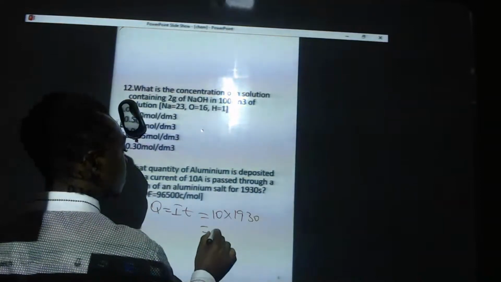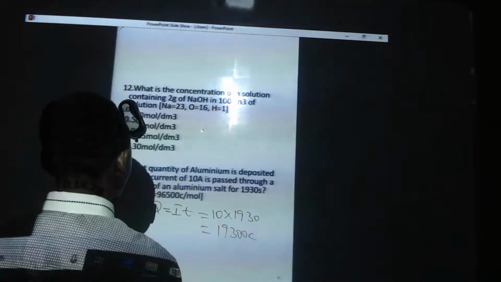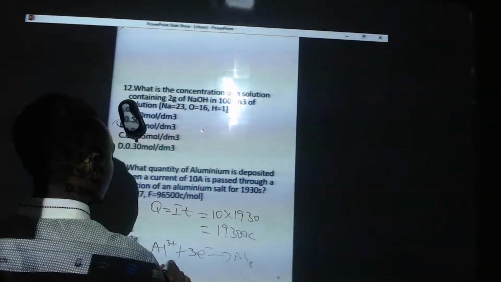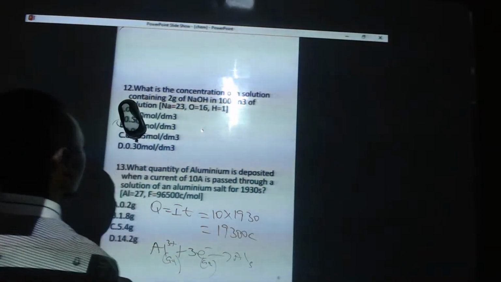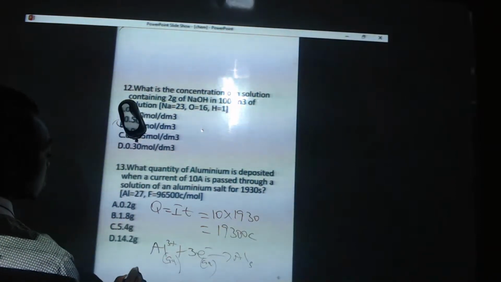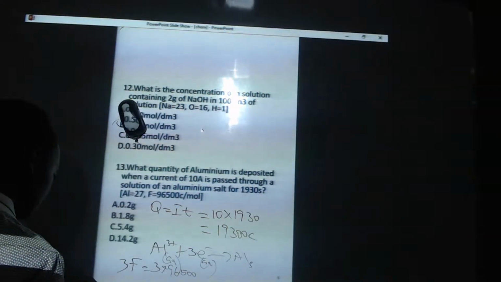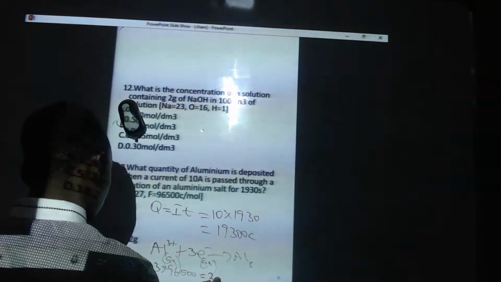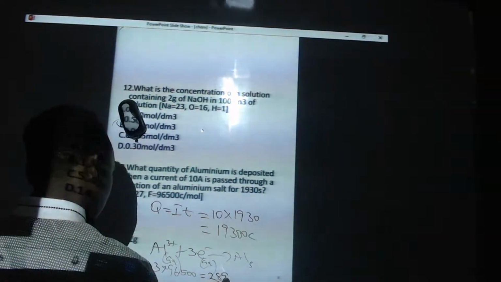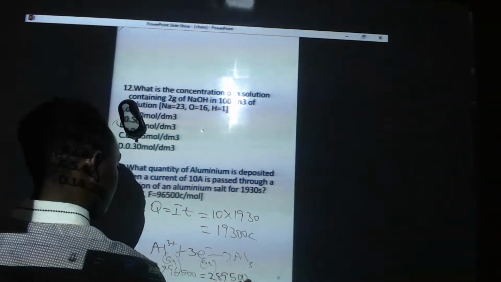So this will give you 19,300 coulombs. Now since it's 3 electrons, I'm just asking you for 3 Faraday. This is giving you 289,500 coulombs.